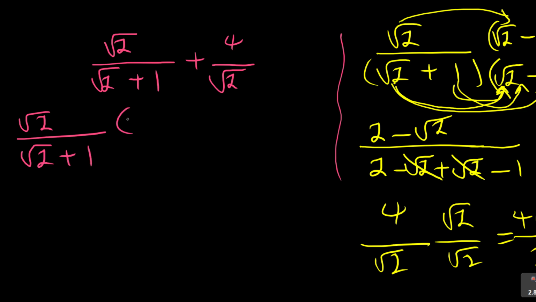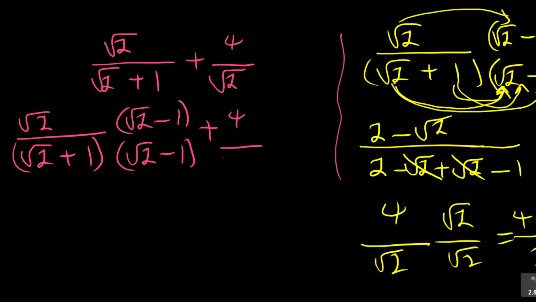Then you do the rationalizing: square root of 2 minus 1, square root of 2 minus 1, but you close the bracket also here. Then plus 4 over square root of 2, and then you say square root of 2 over square root of 2. That is what you're doing to rationalize.